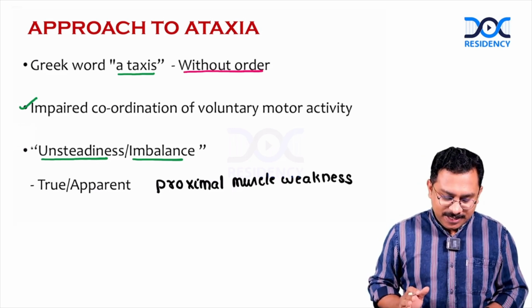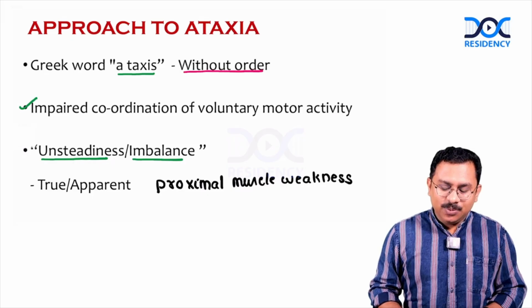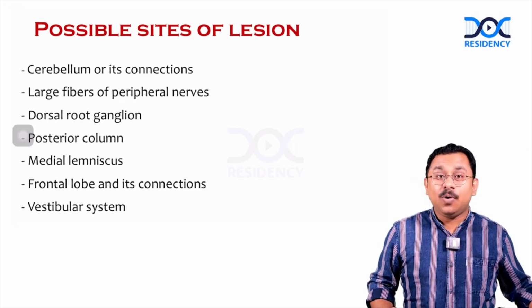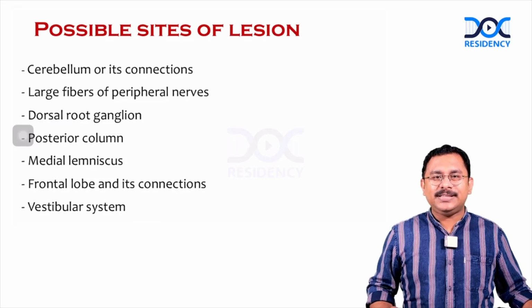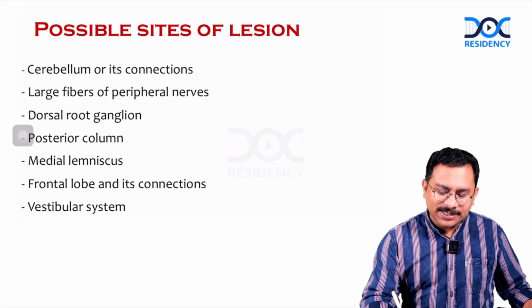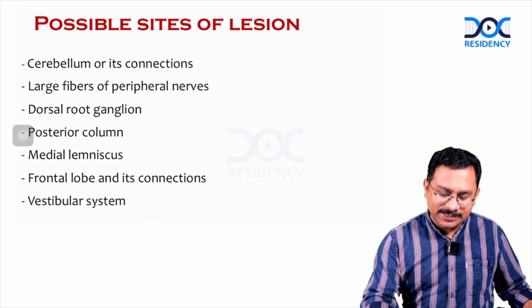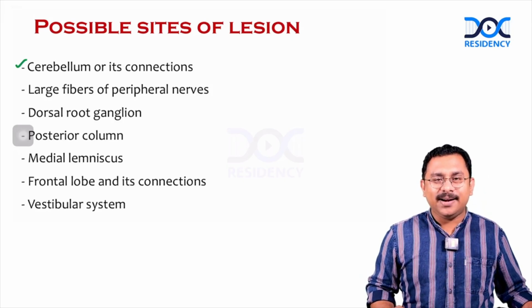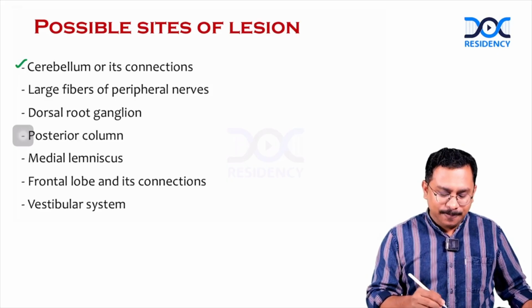Now, in a patient with ataxia, when you try to localize the lesion, what are the possible sites of lesion? Number one, cerebellum or its connections. What do you mean by the connections? The peduncles.